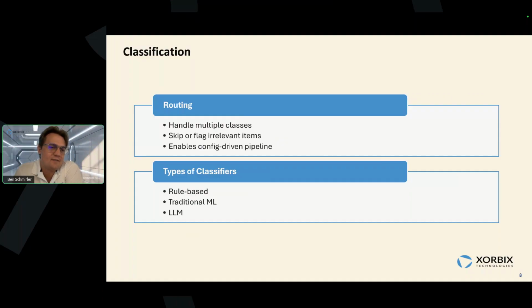That's not as effective as having a config-driven approach that can process similar documents and not just the same document. There are types of classifiers: there's rule-based, there's traditional ML, and then there's LLMs, your large language models.